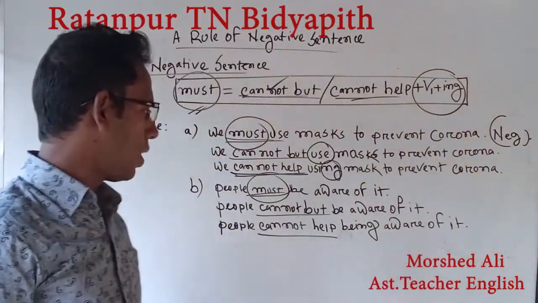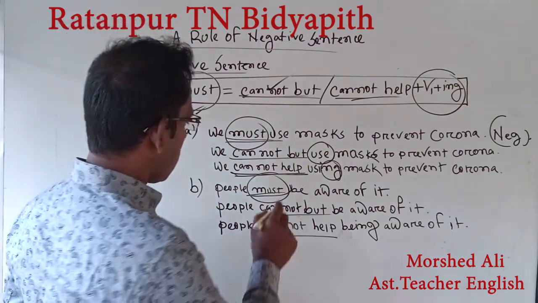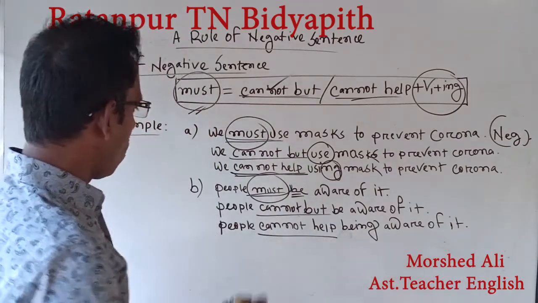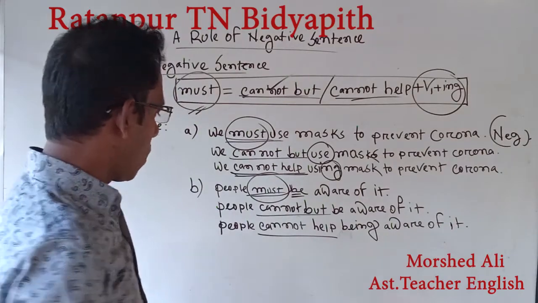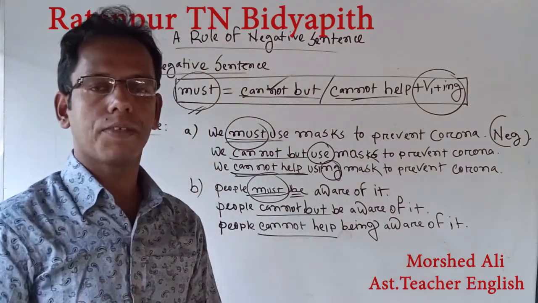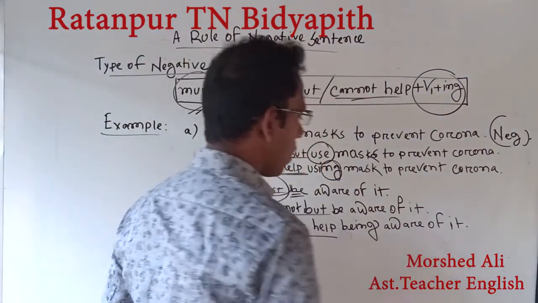In our question, we have the V1 be, must be. That means people cannot help be. Then if we attach ing, it will be being.